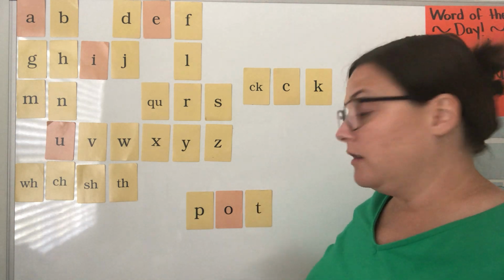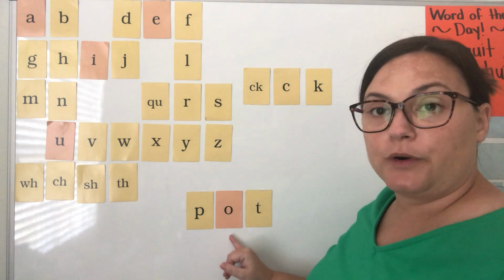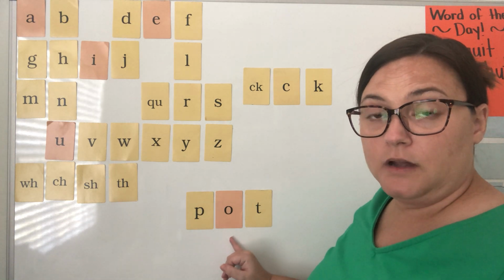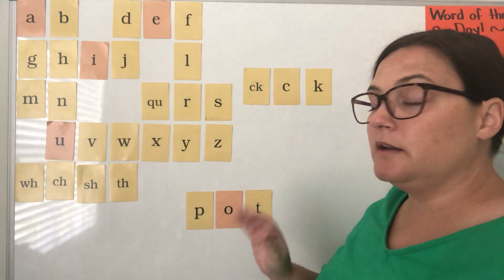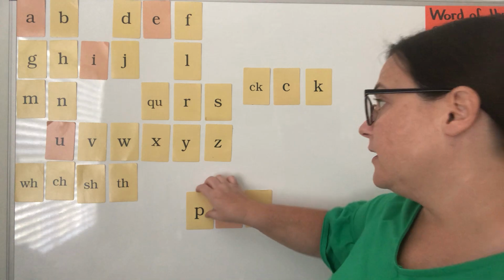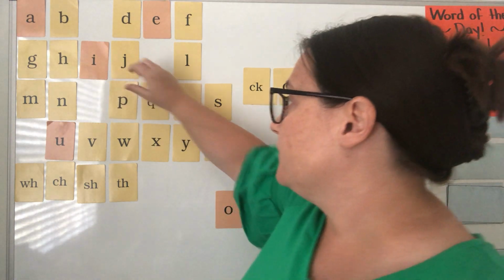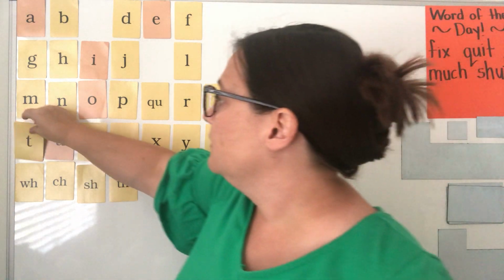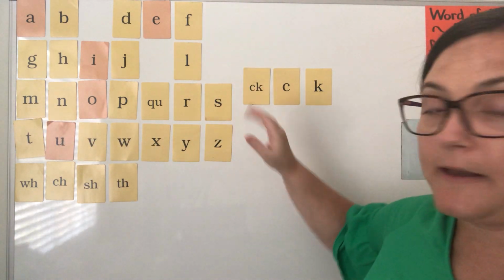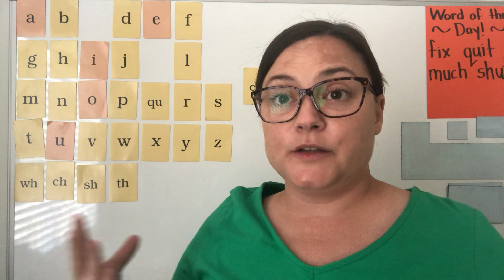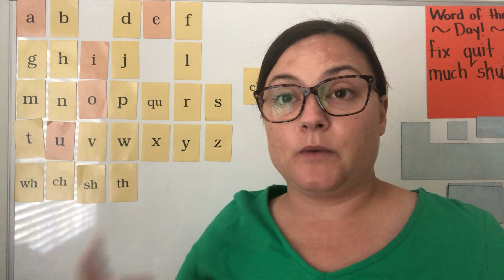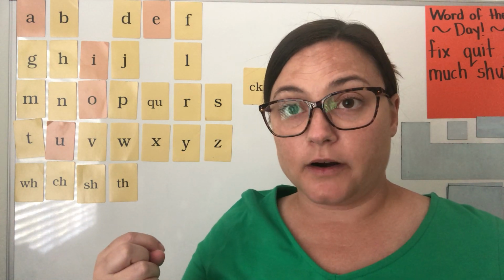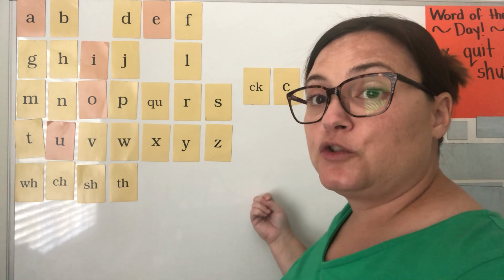But also all of these words have the short vowel sound in the middle. So when we do those words, we know that we are going to have short vowel sounds. So with using CK, I also know that I need to use CK when I hear K at the end of a word and it's followed by a short vowel.